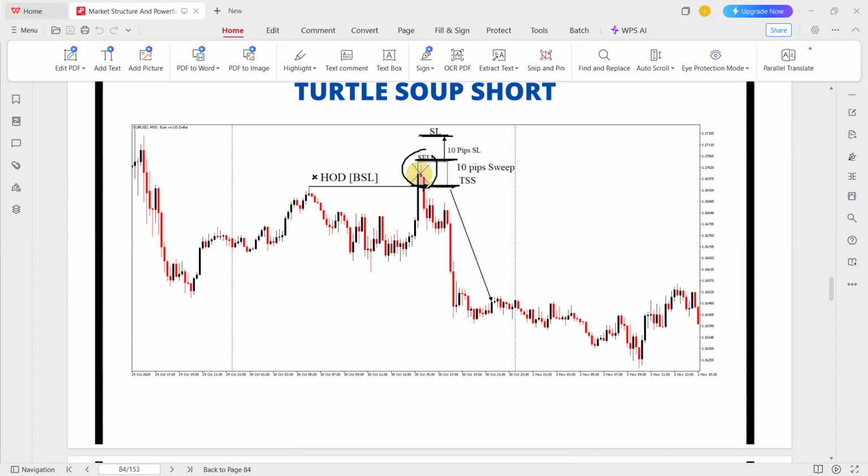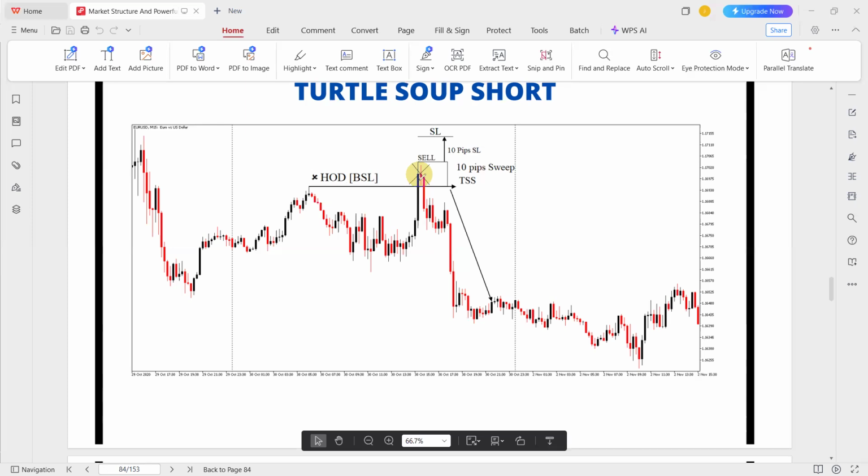Then as long as your price is coming down, you can immediately execute your trade. You're not waiting for any other confirmation. You're just understanding this to be a buy side liquidity area, the high of the day. As soon as you see the sweep, entry, stop loss, you let your trade run. All right, so we'll try to get into the actual charts just now.